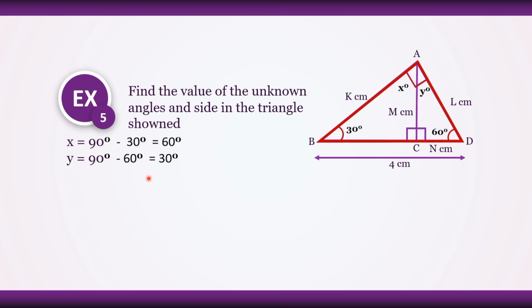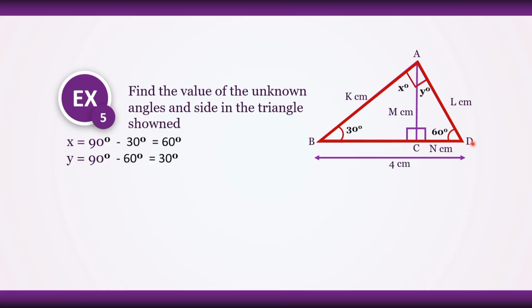Now using triangle ABD, which is a right angle triangle as well, we can find the value of k using a trigonometric ratio. Which ratio are we going to use? You can choose any ratio that is convenient for you. Observing your triangle, you can choose a perfect ratio that will fit and find the unknown. Here I'm going to choose sine.